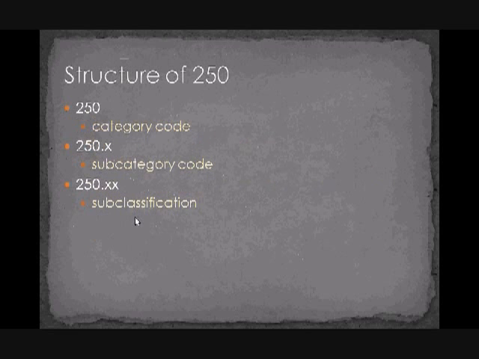Now, again, this is the structure of the ICD9 structure for diabetes. It always begins with 250, unless we're talking about secondary, then it begins with 249. As we already mentioned before, 250 will be the category. If you had a 4th digit, it would be subcategory, and if you have a 5th digit, it would be subclassification. In diabetes, however, the 4th digit and the 5th digit also have special meaning.